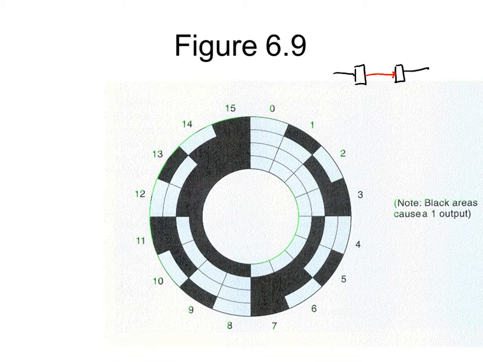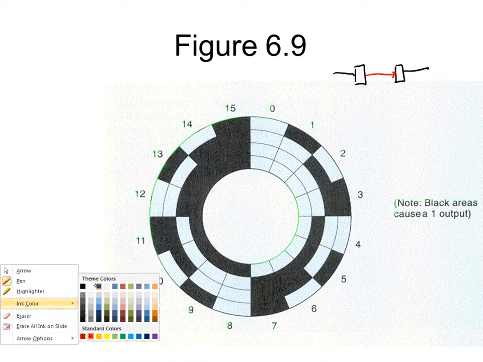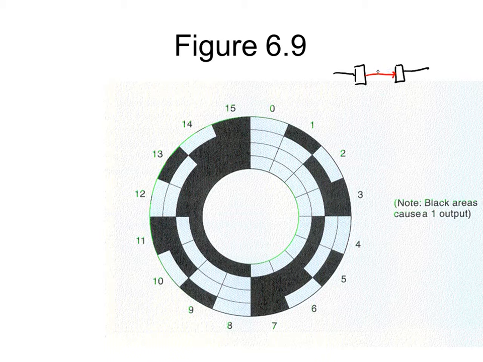Now what happens if an opaque object, something that doesn't let light pass through, comes into the center here? Of course, then the receiver doesn't receive any light. Pretty simple setup. Okay, you understand that?